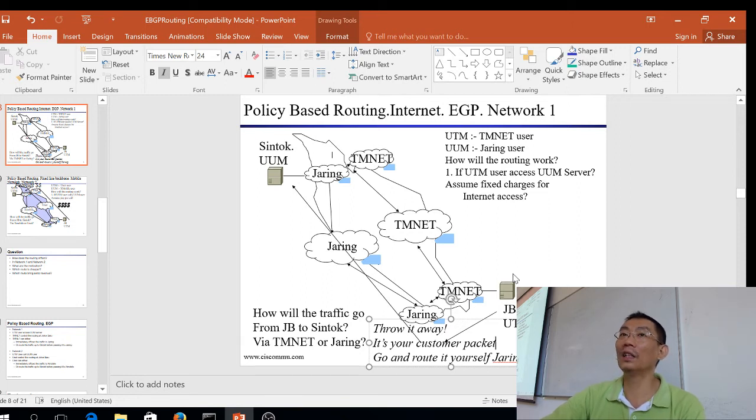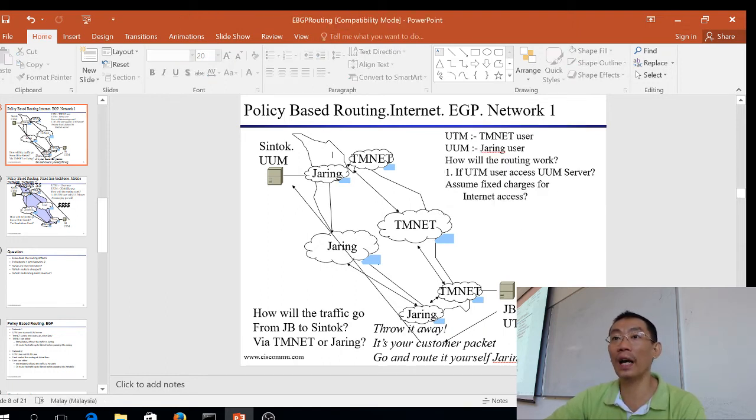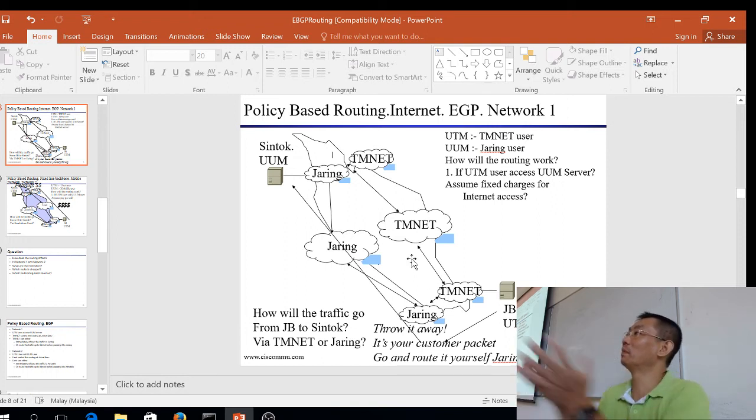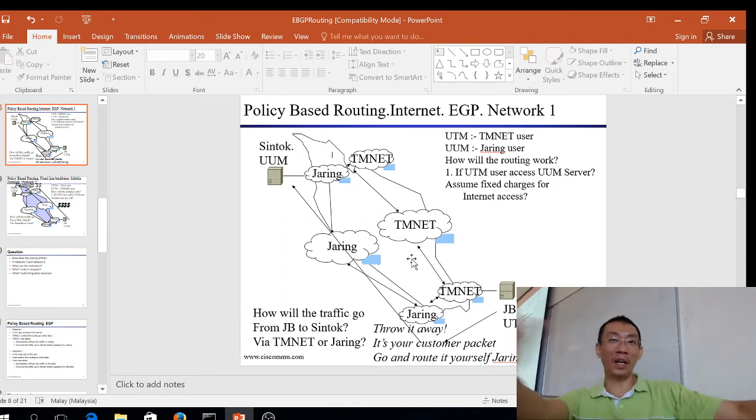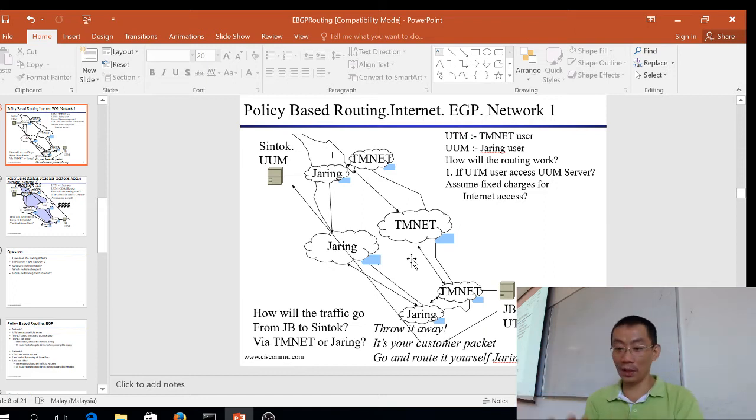So in the internet today, it is always fixed charges, isn't it? So that's why the traffic will be thrown away. You push it, tai chi. It's not my job. Immediately, oh, not mine.